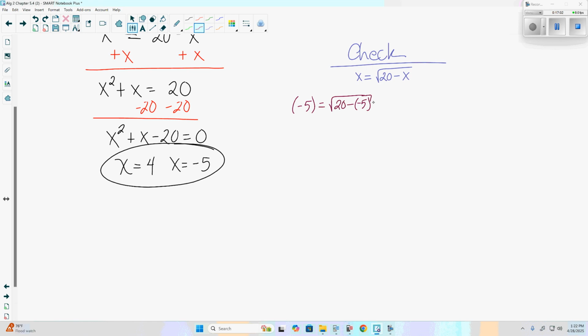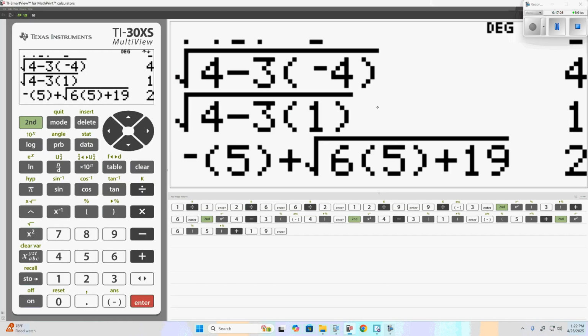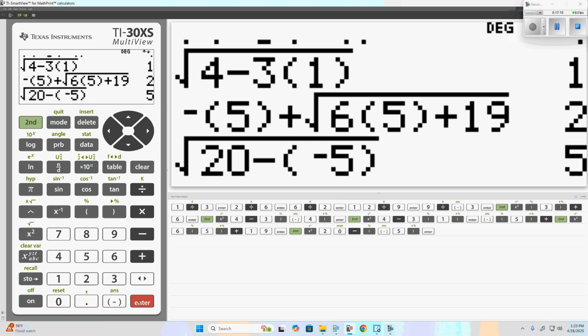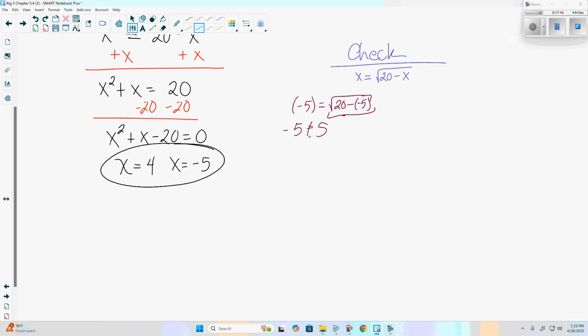On the left-hand side, that's just going to be negative 5. On the right-hand side, we can take the calculator and plug that in. You can say second square root of 20 minus negative 5 is 5. Well, negative 5 is not equal to 5, so x equals negative 5 does not work. It's one of our extraneous solutions.